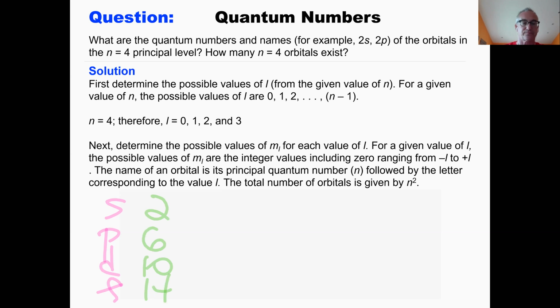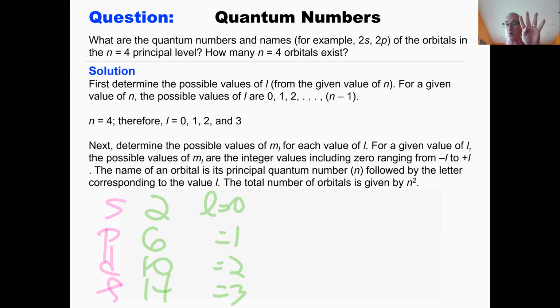That's right. And then the way we remember this is since L is equal to 0, 1, 2, and 3, those are the subshell letters. That's the subshell designation, 0, 1, 2, and 3. Orbital designation comes next.